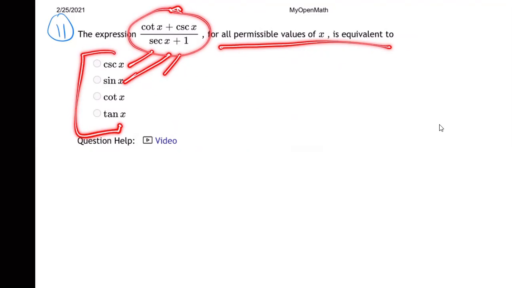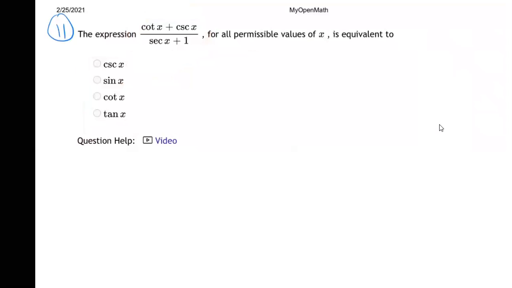So basically we start by using the rules we've learned. And that is that tangent, remember, is sine over cosine. Cotangent is cosine over sine. And secant is 1 over cosine, and cosecant is 1 over sine.